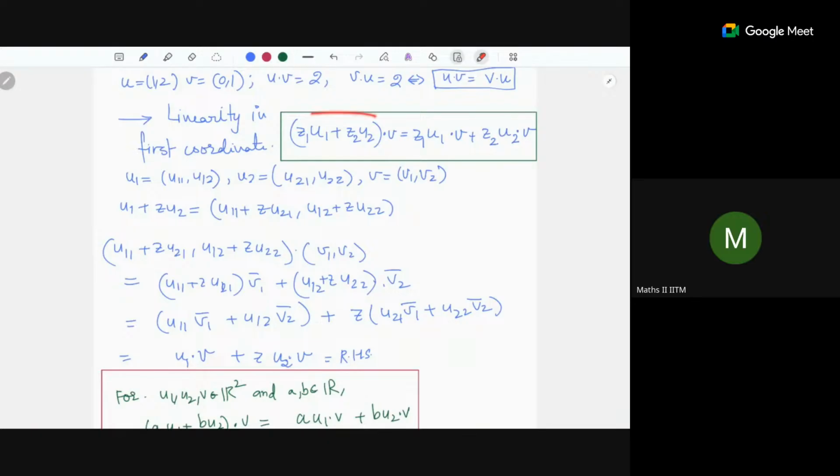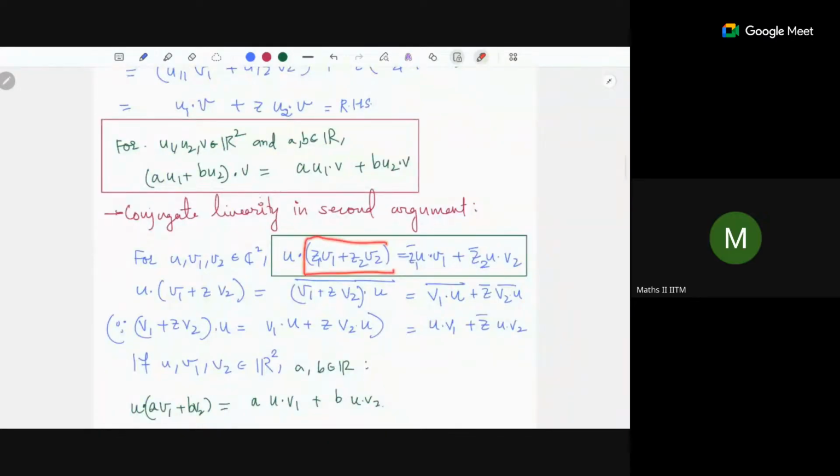When your first coordinate, first component or first argument is linear, then you have linearity. But when the second argument, second component is linear, then you have conjugate linearity. That's what it is. Is it clear?